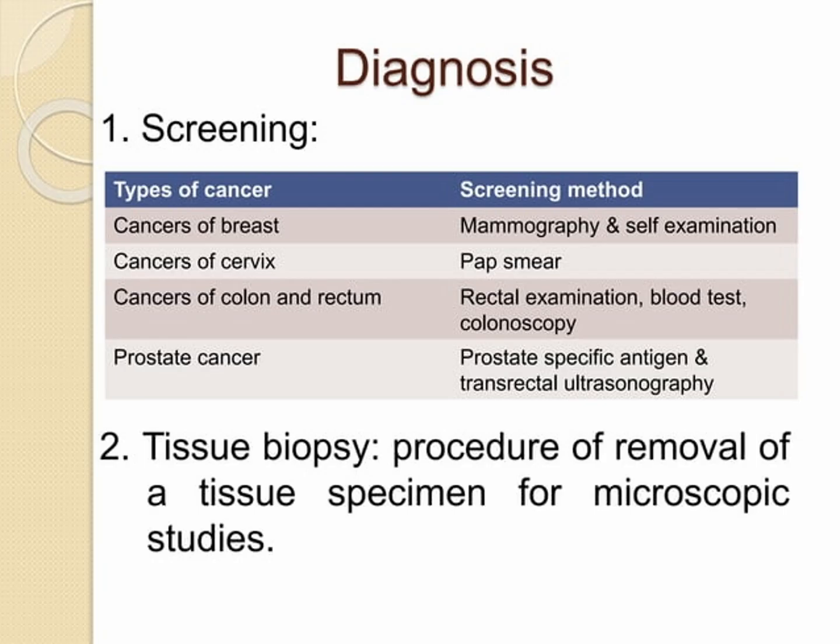Then tissue biopsy, usually the first examination will be tissue biopsy, that is the procedure of removal of a tissue specimen for microscopic studies. That means wherever there is doubt, wherever they suspect there is a cancer, they remove a tissue from that portion and study it microscopically.